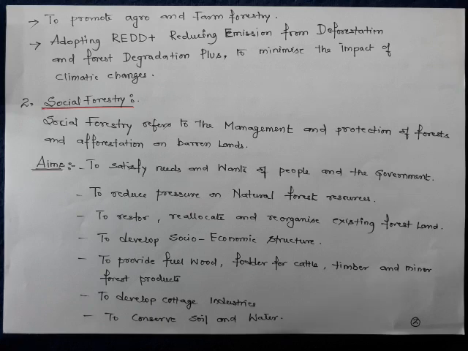These are all the generalized versions. So among these points, please keep in mind to satisfy needs and wants of people and the government, to reduce pressure on natural forest, to develop cottage industries and to conserve soil and water. These 4 points can be kept in mind with regard to the board exam.